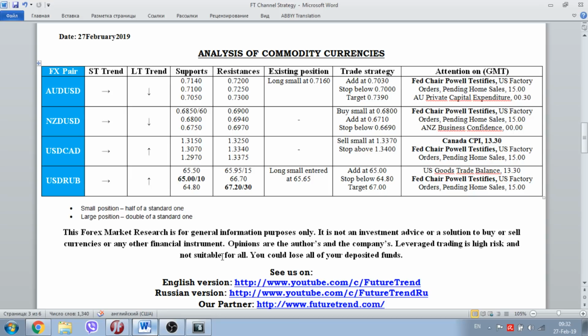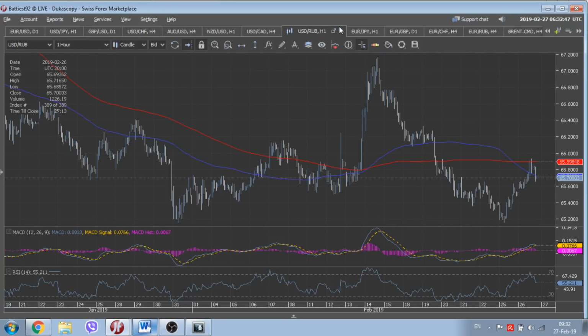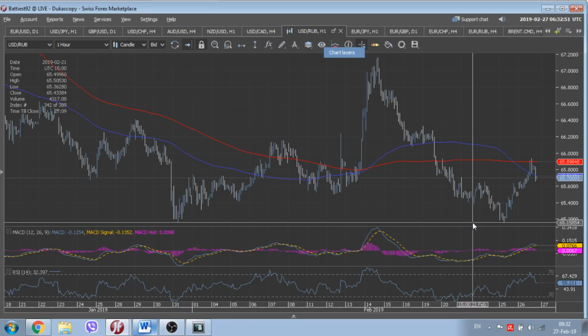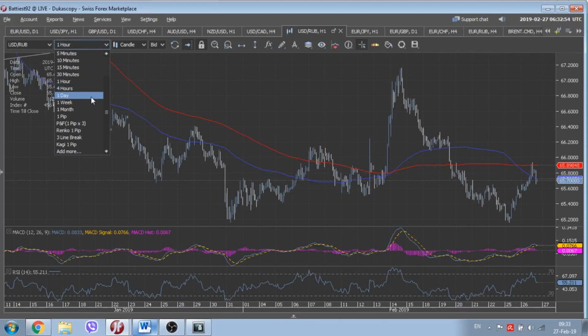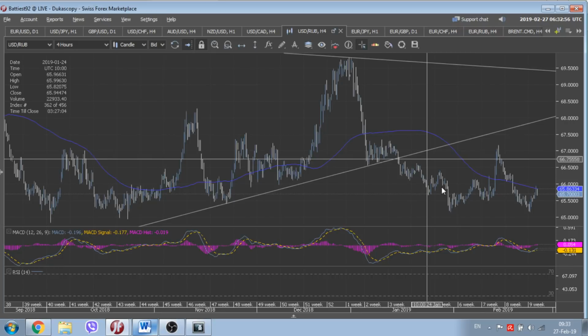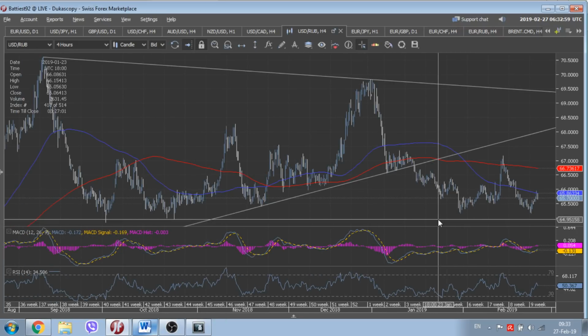Also, in the case of the Russian ruble against the United States dollar, while we are above the so-called pivotal support barrier formed around the level of 65, the pair should sooner or later move to the upside, probably to the higher resistance of the existing channel between 65 and 70.